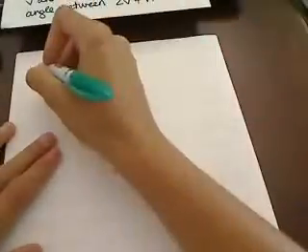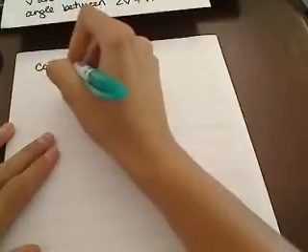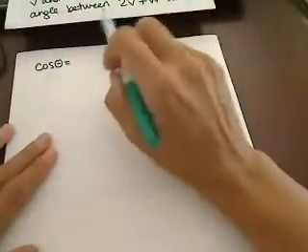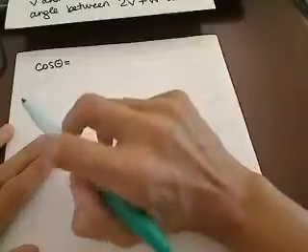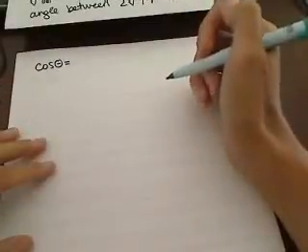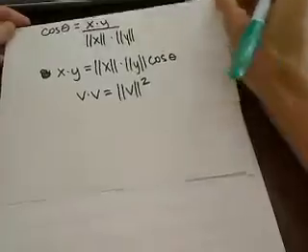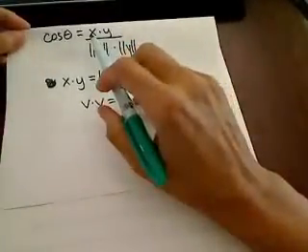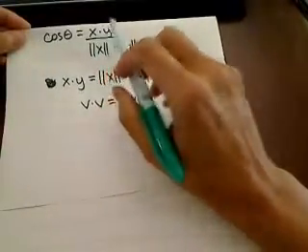Okay, so the first thing I'm going to do is start with my cosine formula, because they're asking me to find the angle between these, so this is the formula we need to work with. I'm going to substitute the 2v plus w and the v in for the x and y, so we're working in v and w instead of x and y. In for the x, I'm going to plug in the 2v plus w, and in for the y, just the v.